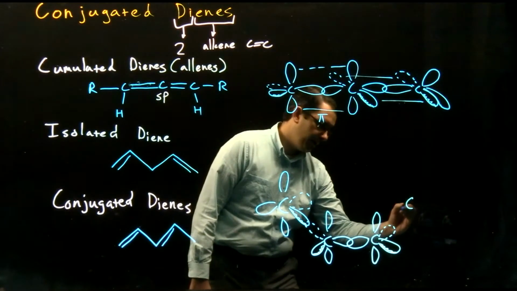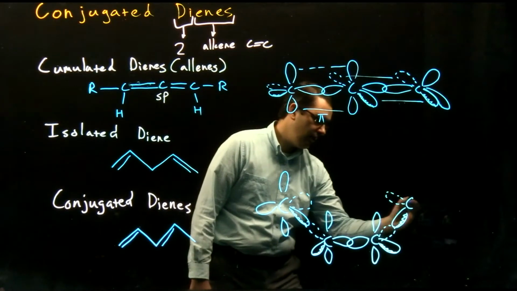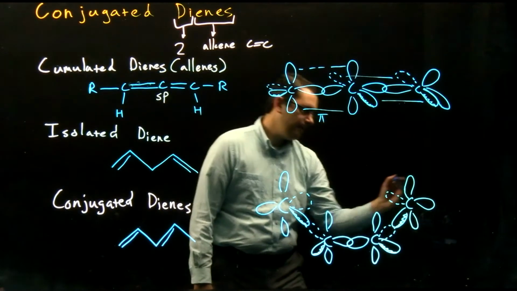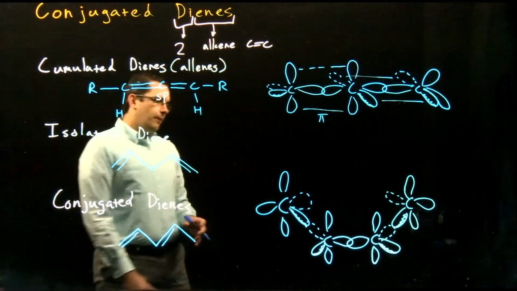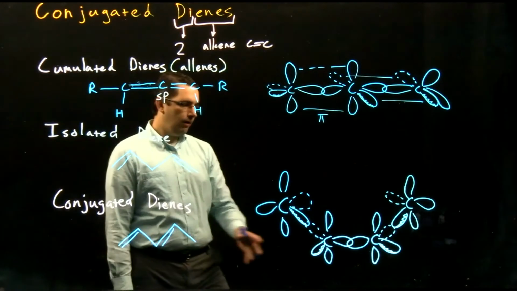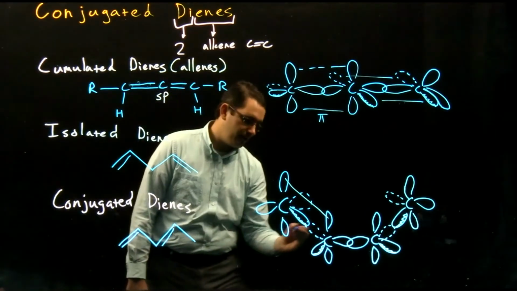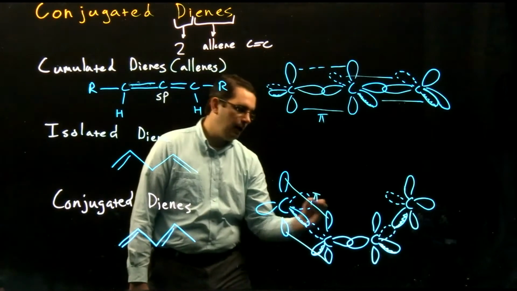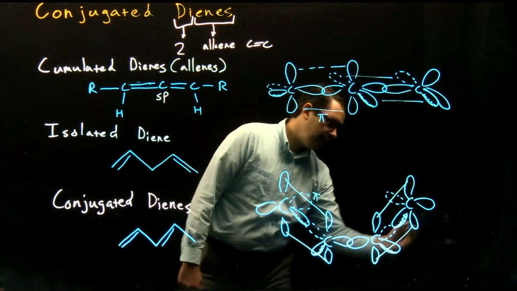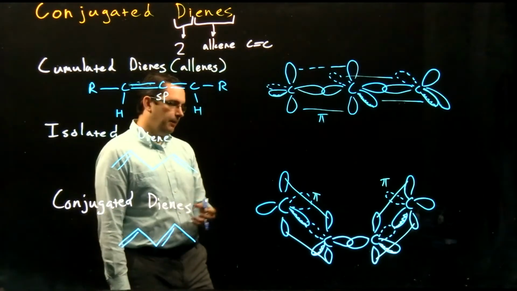So the next carbon will be back here. And so what we can notice is each of our p orbitals are all pointing up in the same plane. So we can overlap between these to make our 1 pi bond. We can overlap between these to make the next pi bond for our 2 adjacent double bonds.